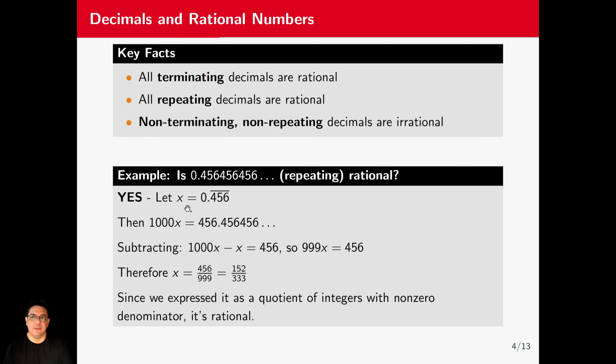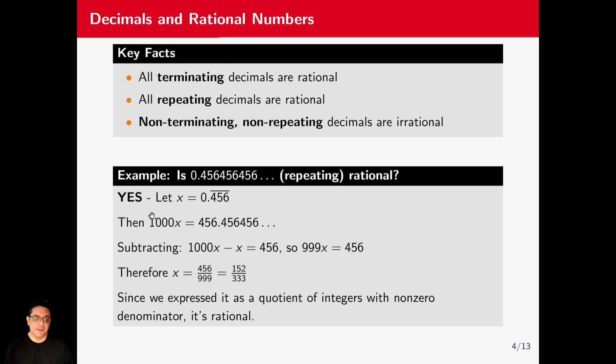The way that we do this to represent it as a fraction is we look for a way of removing at least one of the parts that is decimals and putting it at the front. So, for example, the pattern here is that 456 is repeating. So I'm going to multiply by 1,000 so I can get at least a 456 at the front, and then I get 456.456, and then 456 keeps repeating.